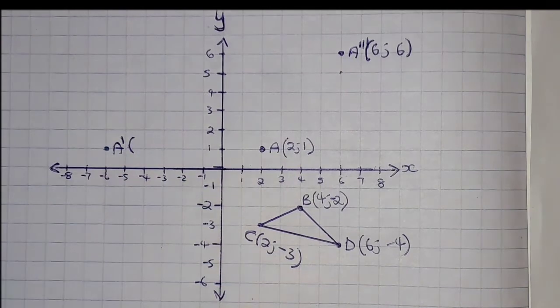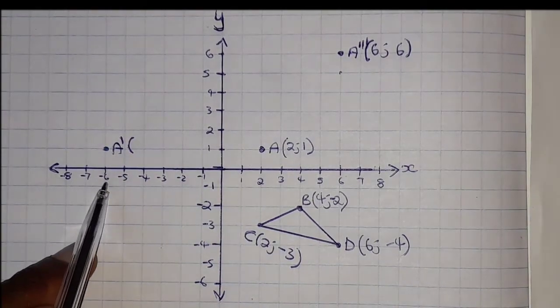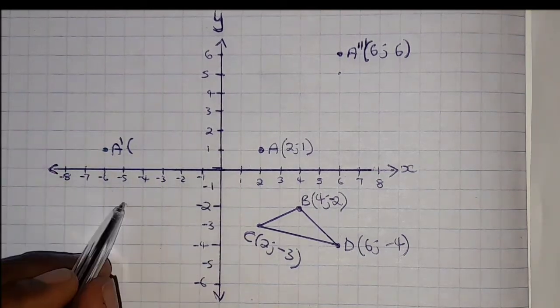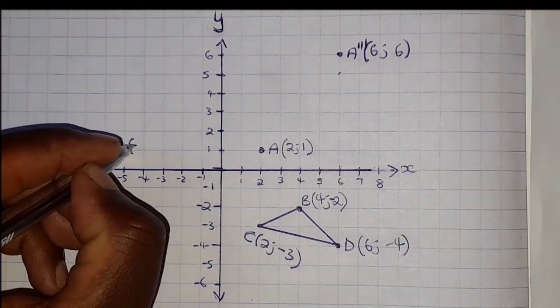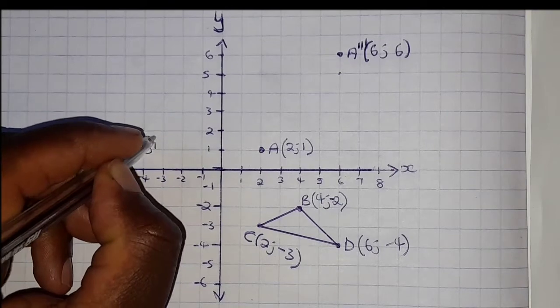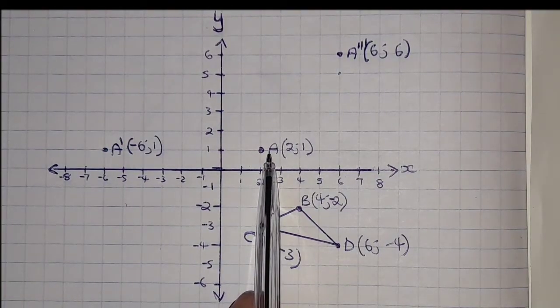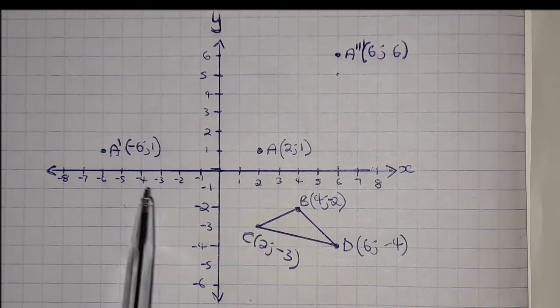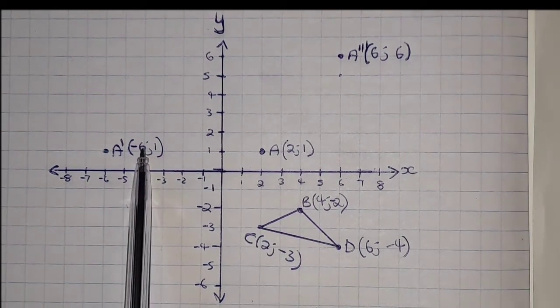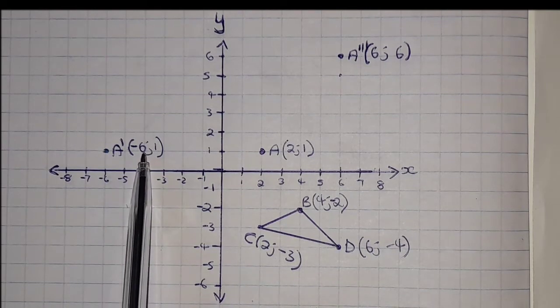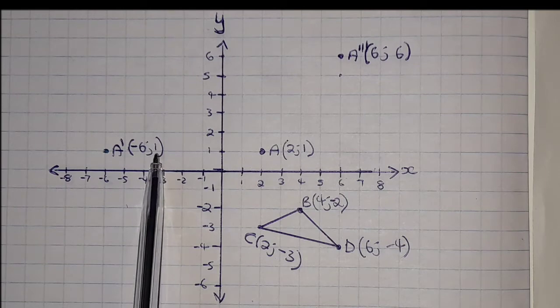And what are the coordinates? Our coordinates are now (6, 1). Sorry, it's negative (-6, 1). So when A has been translated 8 steps to the left, the new coordinates, the first image of A, will have the coordinates (-6, 1).